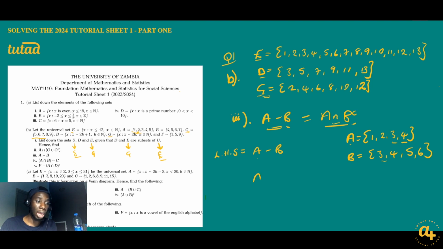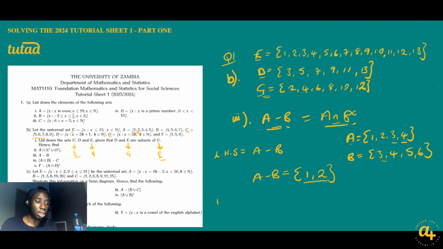Therefore A minus B is going to be equal to 1 and 2, because we've subtracted from A all the elements that are in B. And when we do that, we remain with 1 and 2.